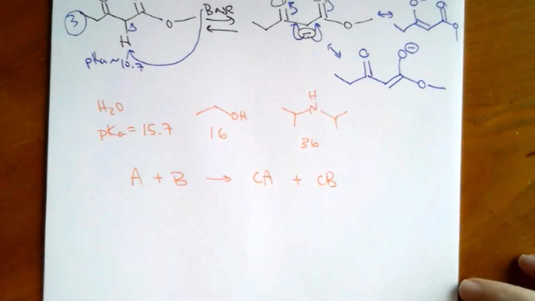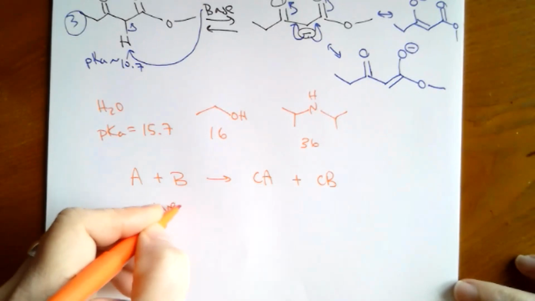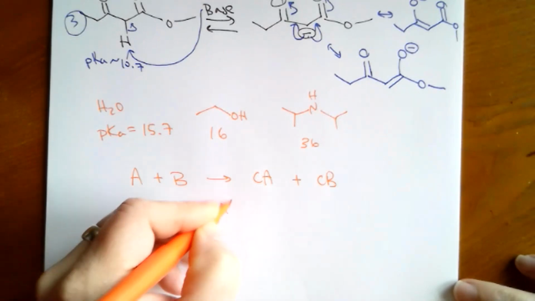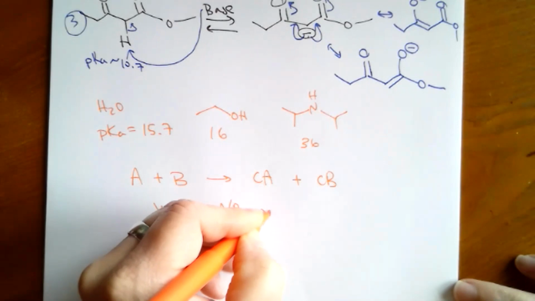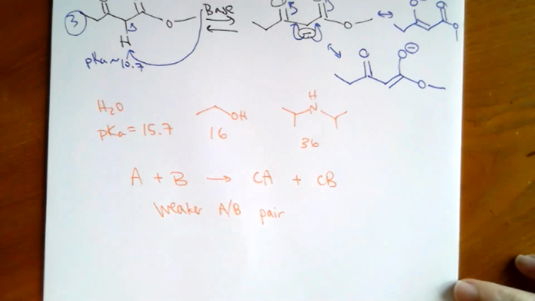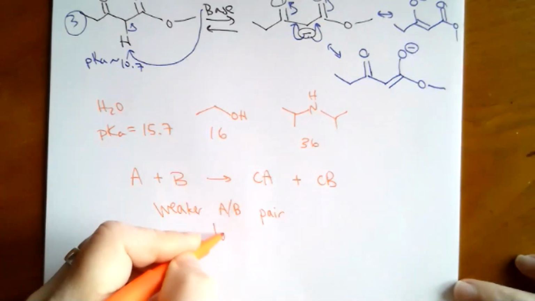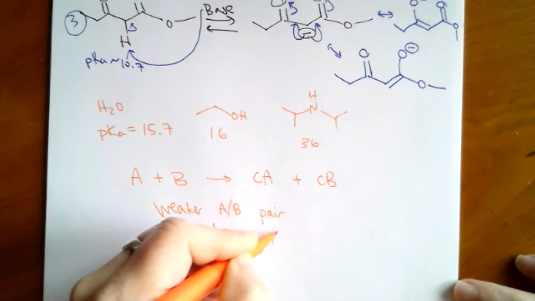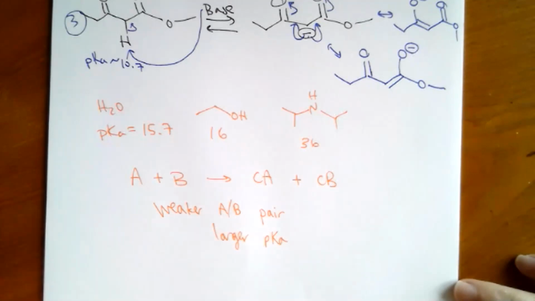Remember, equilibrium always favors the weaker acid-base pair. So you're going to favor the larger pKa. So what does that mean?